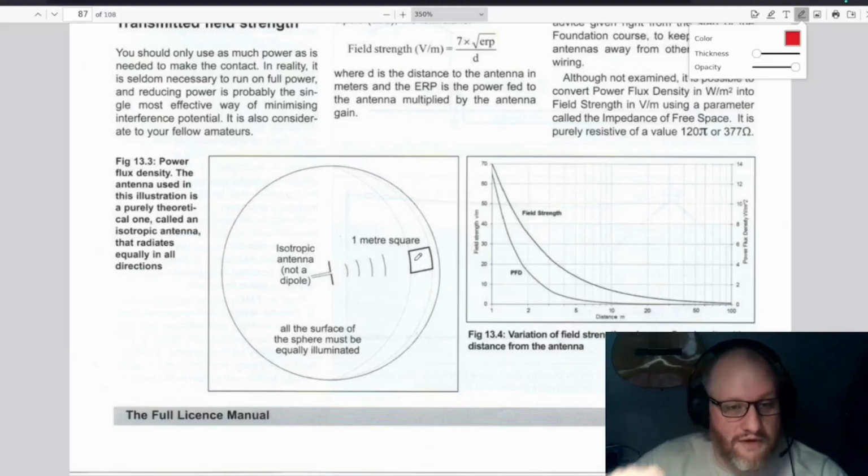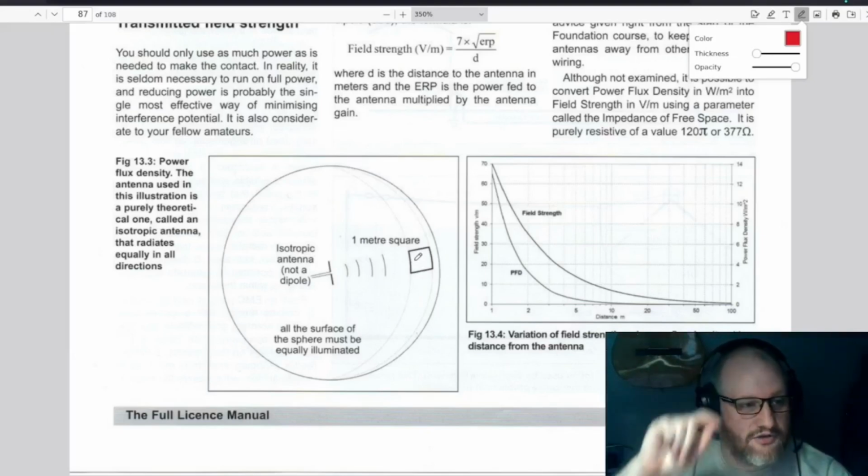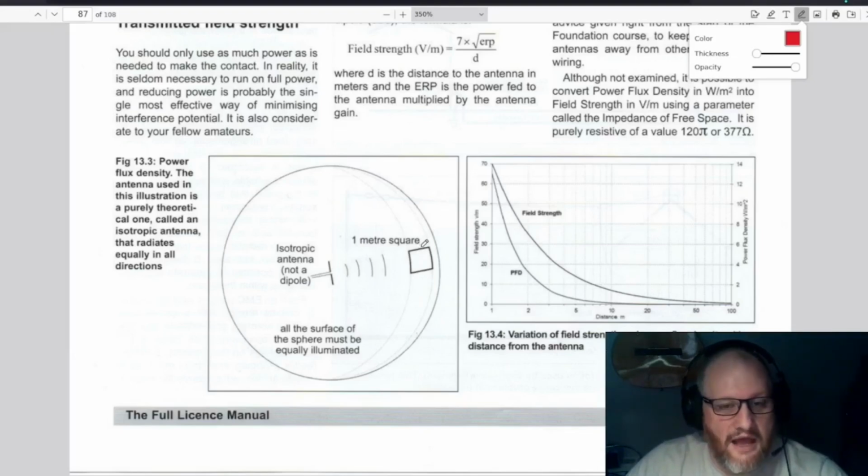If we were to draw out a 1 meter square section anywhere on the inside of that sphere and measure the total amount of power that would be collected in that square, we would end up with a figure in watts per meter squared, and that is our power flux density. So our field strength is looking at the potential difference over a distance, whereas the power flux density is looking at the amount of power projected onto a remote 1 meter squared area.